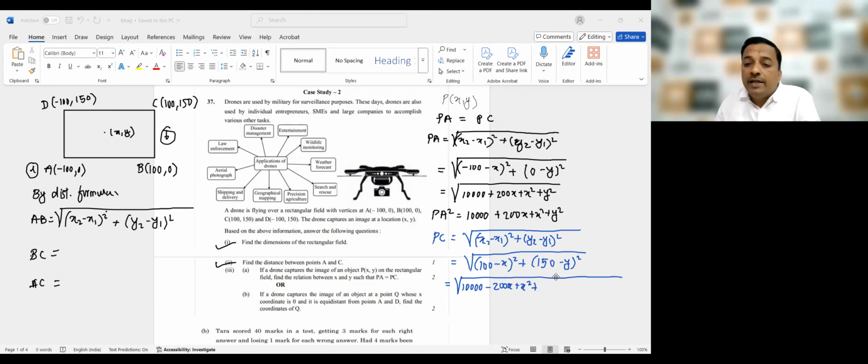Here again, the square of 150 is 22,500, minus 300y plus y square. Then PC square is equal to 10,000 plus 22,500, which becomes 32,500, minus 200x minus 300y plus x square plus y square.